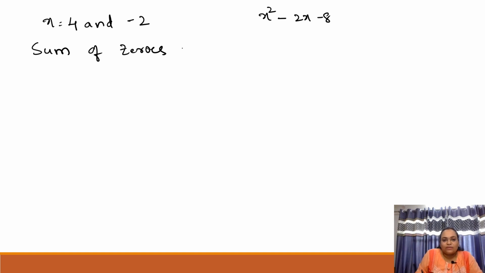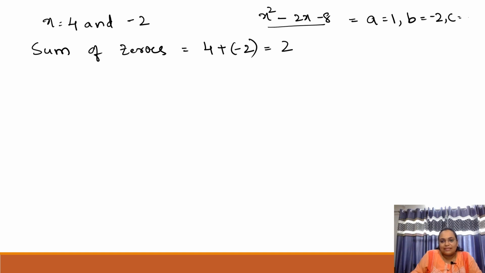So the sum of zeros is 4 plus minus 2, which is 4 minus 2, that is 2. Comparing this quadratic equation, what do you get? a is equal to 1, b is equal to minus 2, c is equal to minus 8. So the sum of zeros is equal to minus b by a.